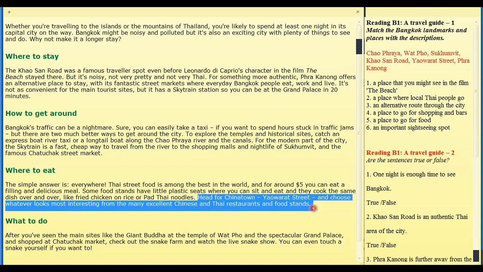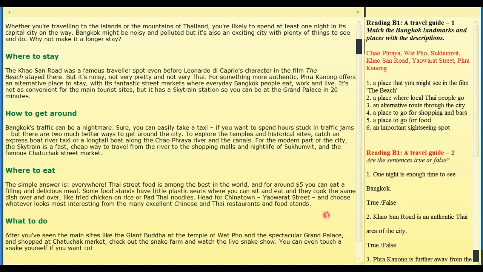So in this text, they recommend you to go to Yaowarat Street where you can find a lot of food, many kinds of food to eat. So the answer is Yaowarat Street. So again, pause the video and try to answer question 6.